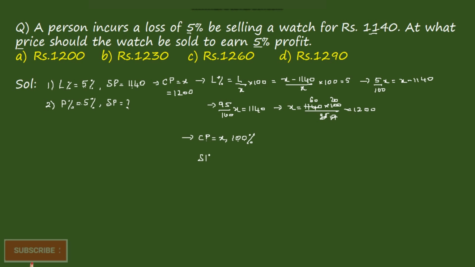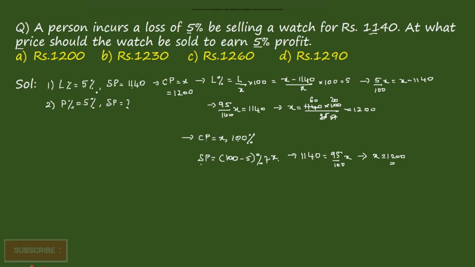So selling price is equal to 100 minus 5% of cost price X. So here we know the selling price, we can find the cost price. Here we can get 1140 is equal to 95 by 100 X. So just substitute it, we get X is equal to 1200.